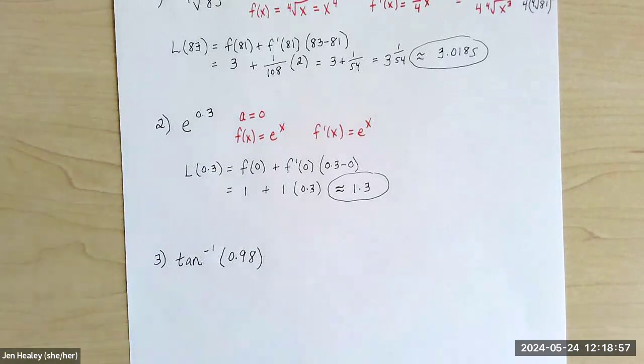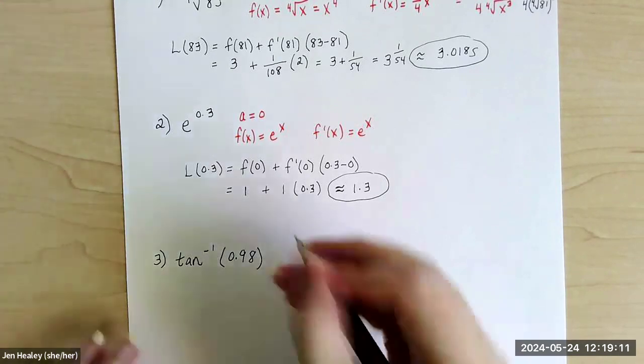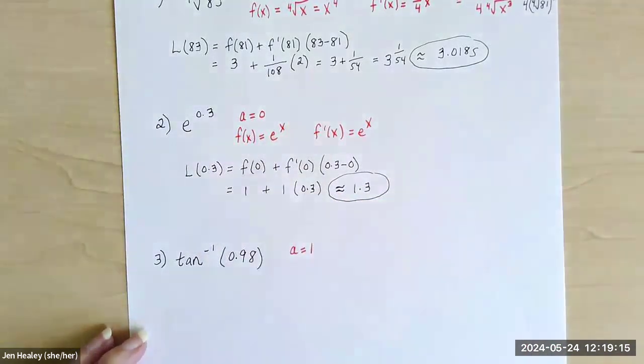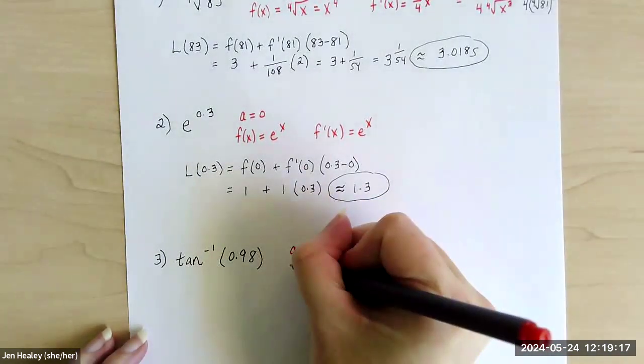If you take the cosine of pi over 4, you get root 2 over 2. And if you take the sine of pi over 4, you also get root 2 over 2. So the tangent would be 1 because you take the sine divided by the cosine. And if they're exactly the same, then that would give us 1. So we want our A to be 1 for this one because 0.98 is pretty close to that. Okay. Yeah. Sorry, I got confused.